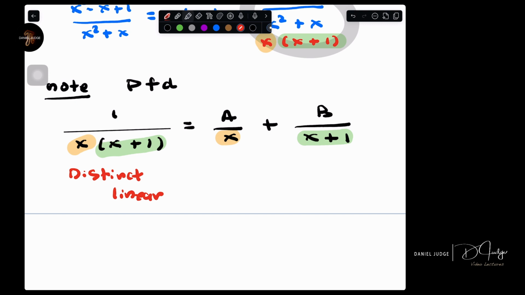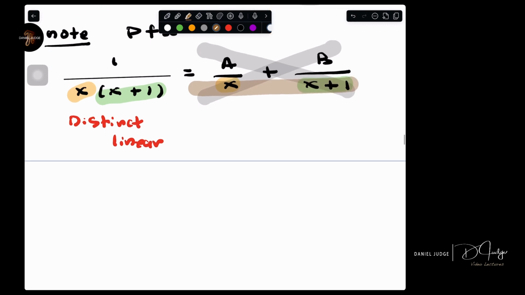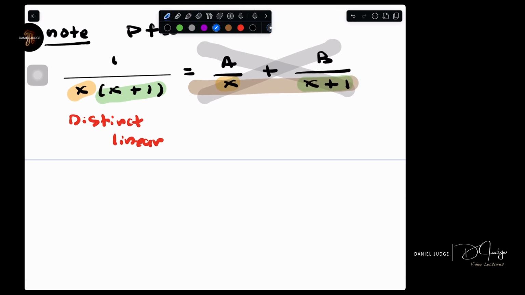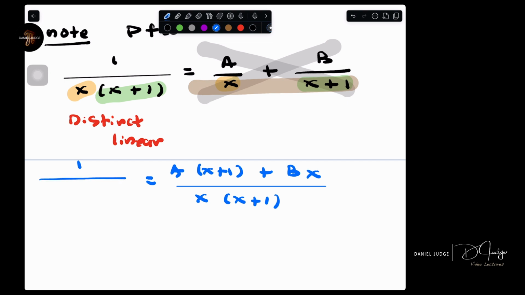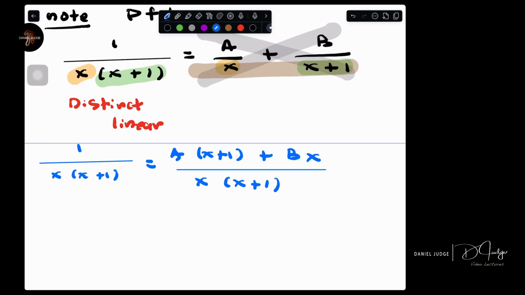All right, so now by our cross multiplication, really adding fractions that are not like, we end up with a times x plus 1 plus bx over x times x plus 1. And that's really the fraction part of 1 over x times x plus 1 equals what you see.